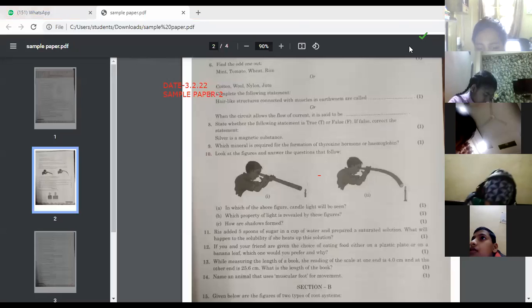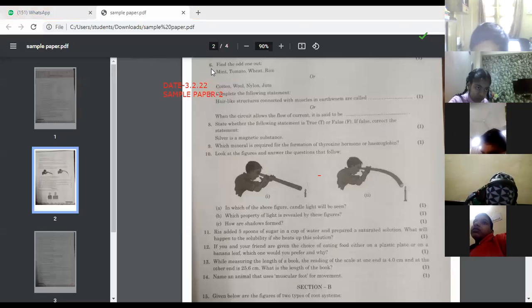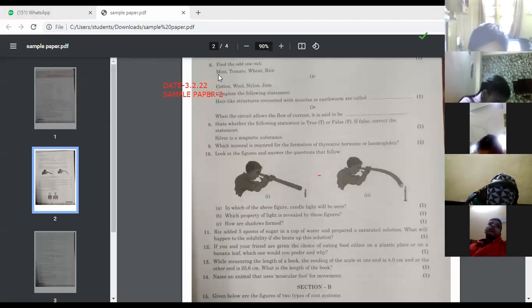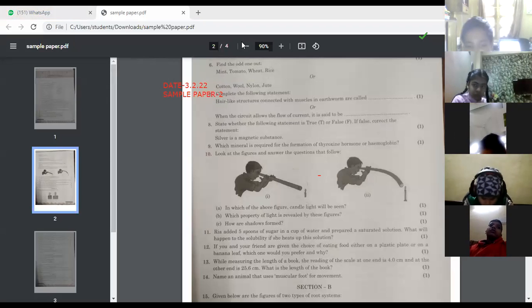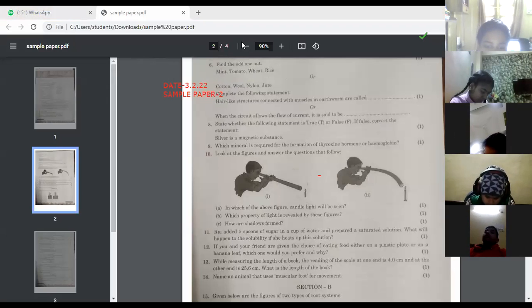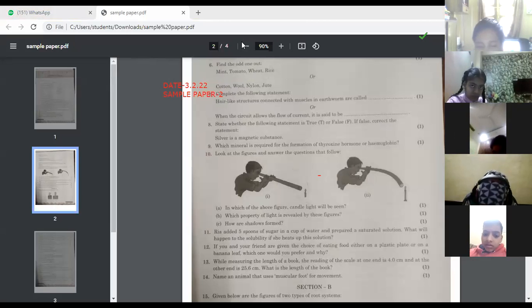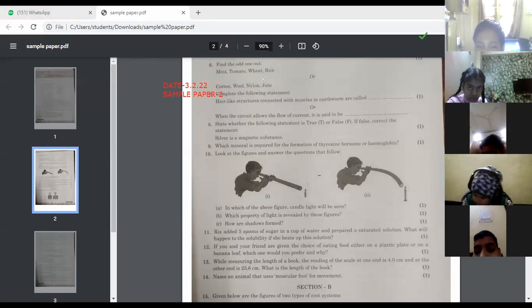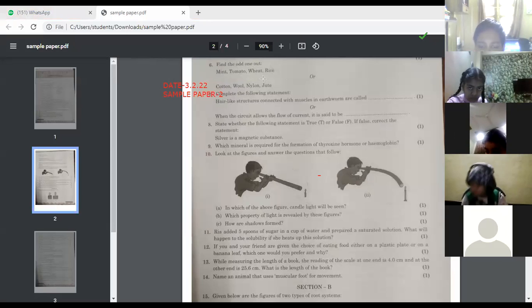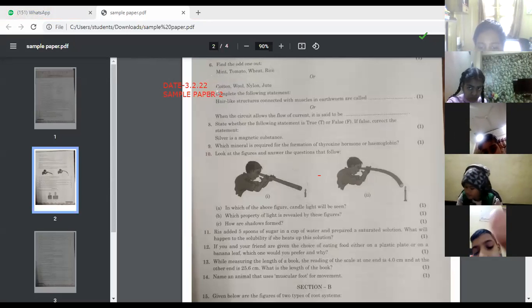Next. Question number 6: mint, tomato, wheat, rice. Mint is the odd one out. What's the reason behind it? Why have you taken it as the odd one? Ma'am, I think some of the foods present here are tomatoes, wheat, and rice, and we often eat these substances.